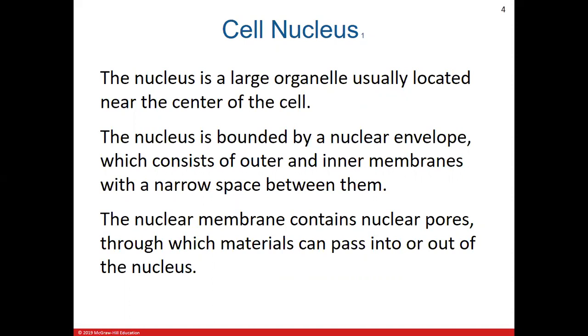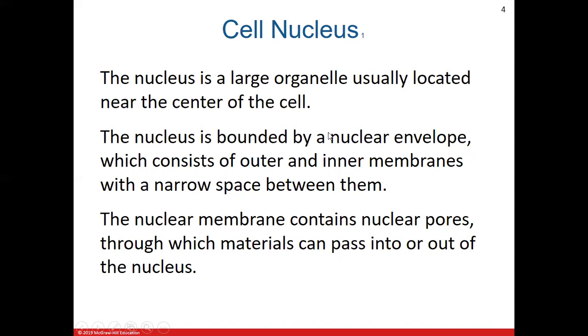This is an example of an organelle. Remember we said an organelle is just a small organ inside of a cell, and usually you're going to find that nucleus somewhere centralized, not always, but somewhere centralized in the cell. Notice it says that the nucleus has a nuclear envelope around it. This is just another name for a membrane.